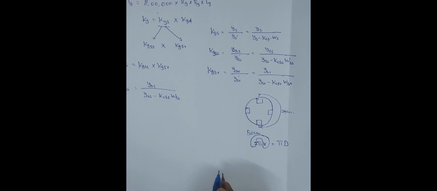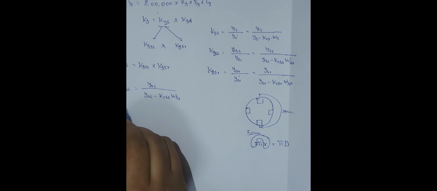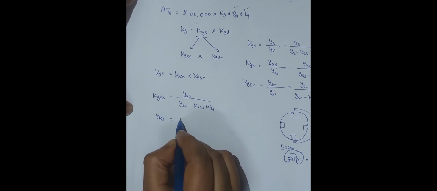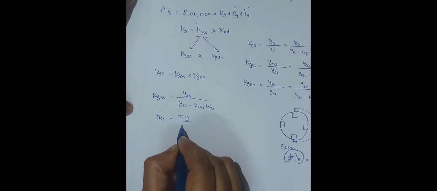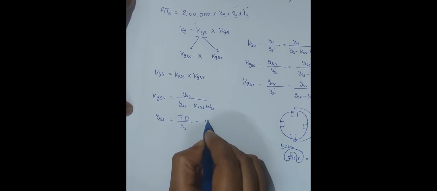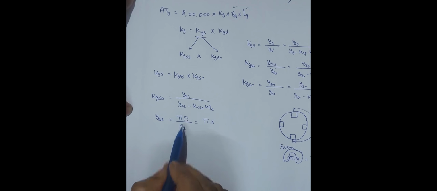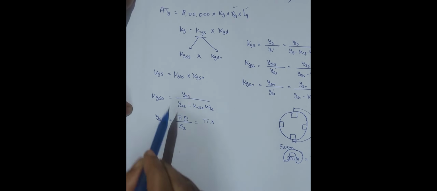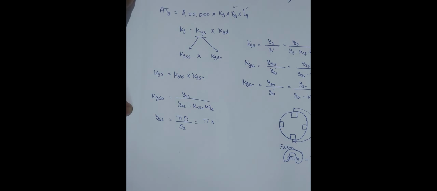Now the stator slot pitch: instead of the number of poles, you have to put the number of stator slots. So Yss is equal to the circumference pi D divided by the number of stator slots, that is pi D by Ss. Whether we substitute in mm or meter, we will keep it in mm itself.